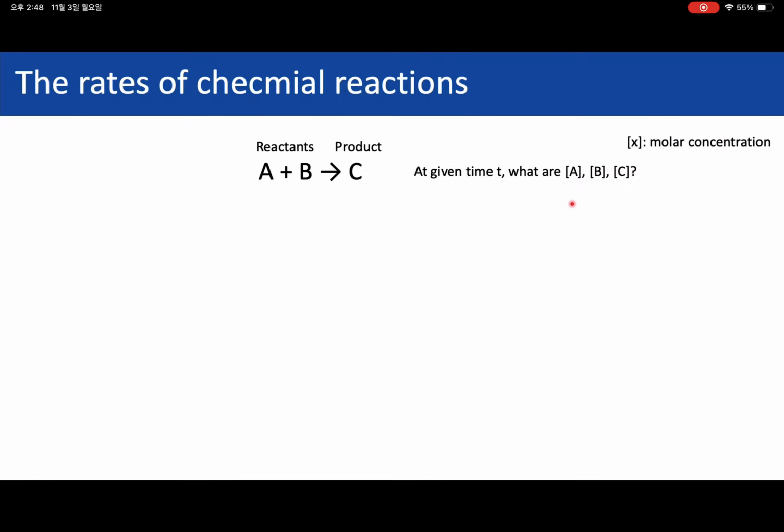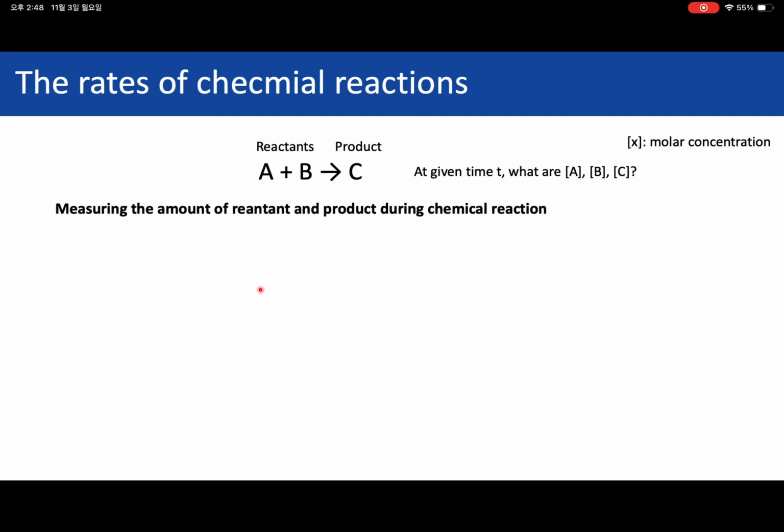Here the brackets A, B, C denote the molar concentration. So measuring the amount of reactant or product during the chemical reaction in time will give us information about the rate of reaction, which is the speed of this chemical reaction.